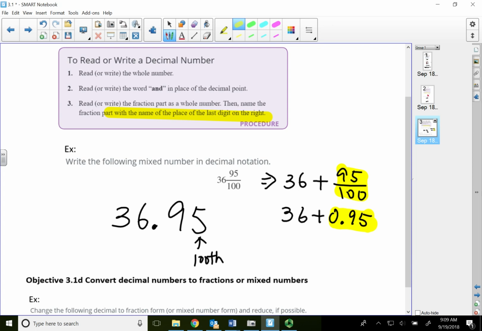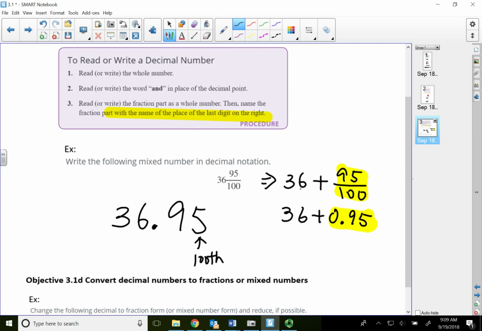Very important that we understand that, because once we get into module 4, we will begin to use the calculator, where we have to do some conversion between mixed numbers and decimals. The answer displayed on the calculator is basically showing this.